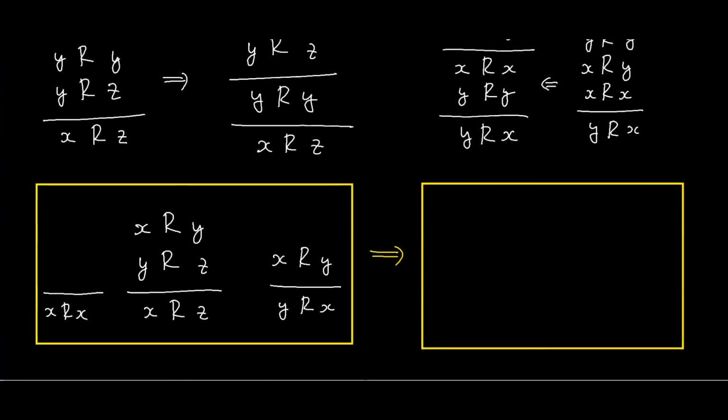So we want to get from there that x r y, x prime r y, and x prime r y prime. From this we can conclude x r y prime.